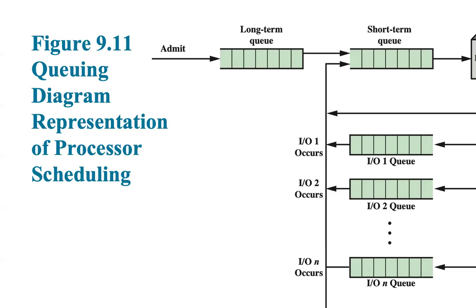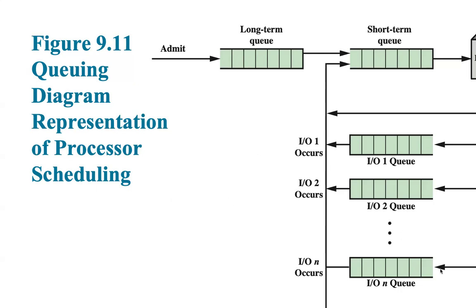So this figure suggests how processes progress through the computer using the control of the OS. Each process request, then a batch job or user-defined interactive job, is placed in the long-term queue. You might remember we had a couple of figures and diagrams showing that earlier, the different types of schedulers.